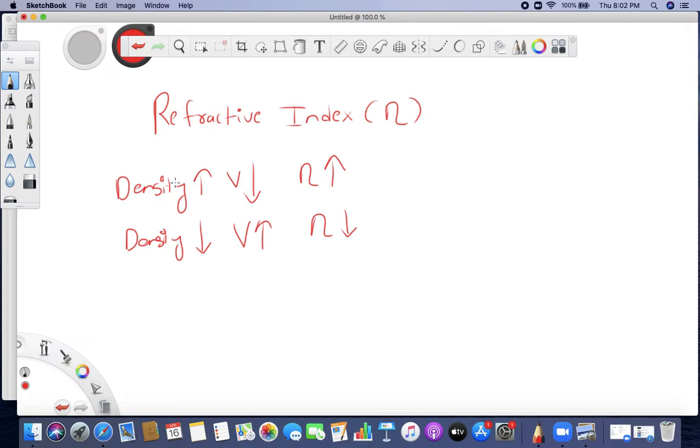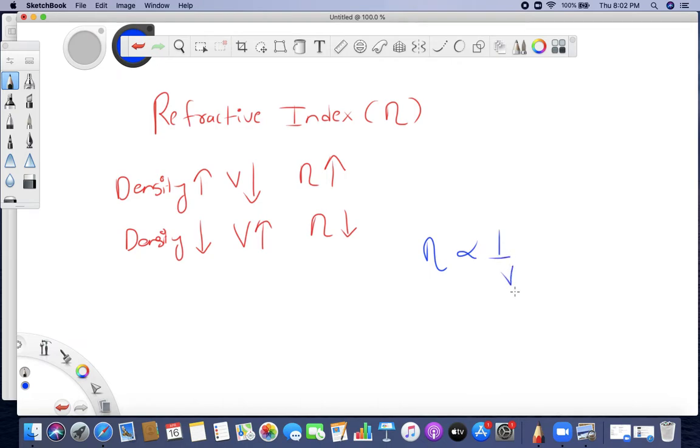In the second case, if the density is less, like in air, the velocity will be more, and the light bends only a little. That's why the refractive index is less. So we can say the refractive index is inversely proportional to velocity.